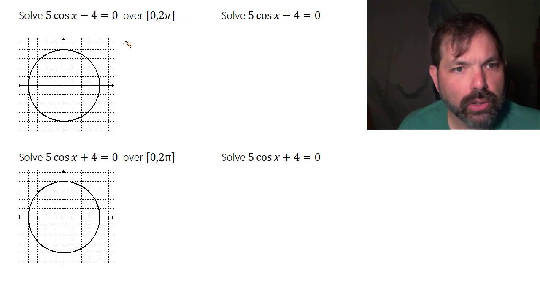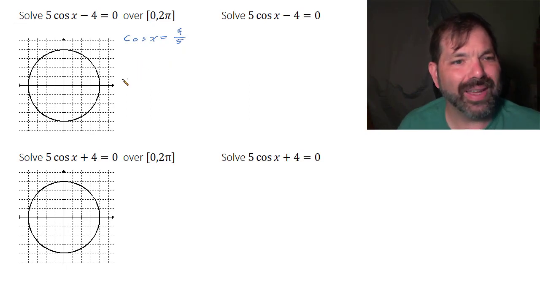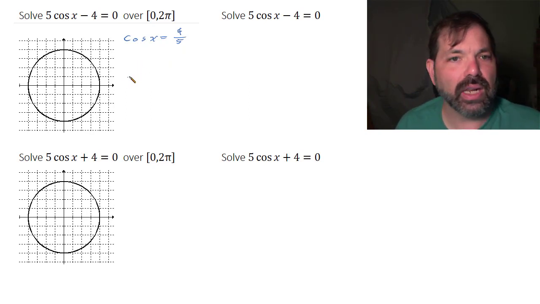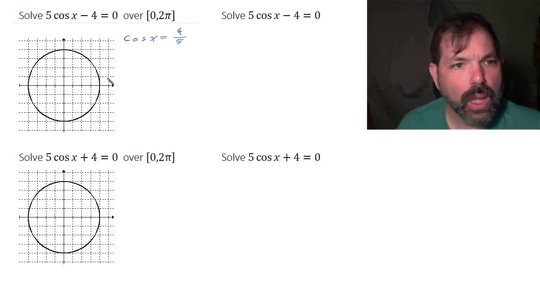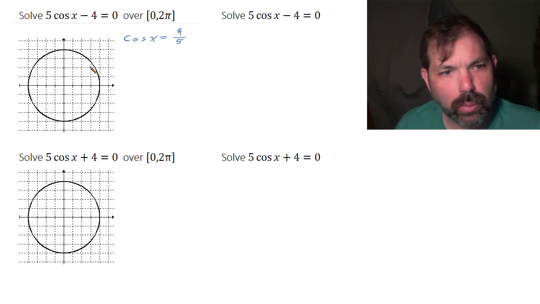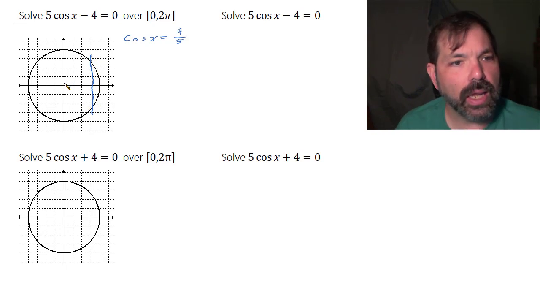Well, using some algebra, I can write this as cosine x is equal to 4/5. Now the problem is 4/5 is not one of my nice numbers. It's not a half, it's not a root 2 over 2, it's not a root 3 over 2. And so if we think, okay, cosine x being 4/5, that's the x coordinate, it's somewhere around there.